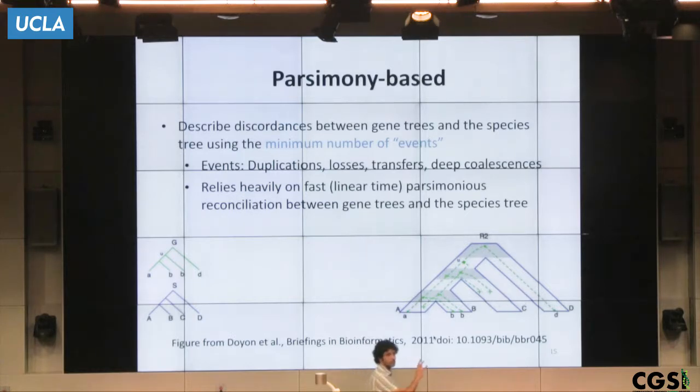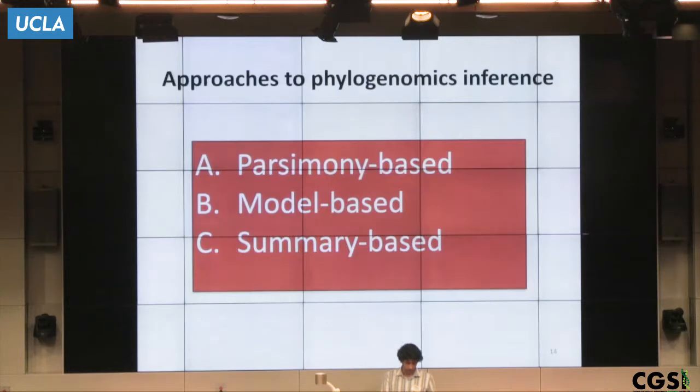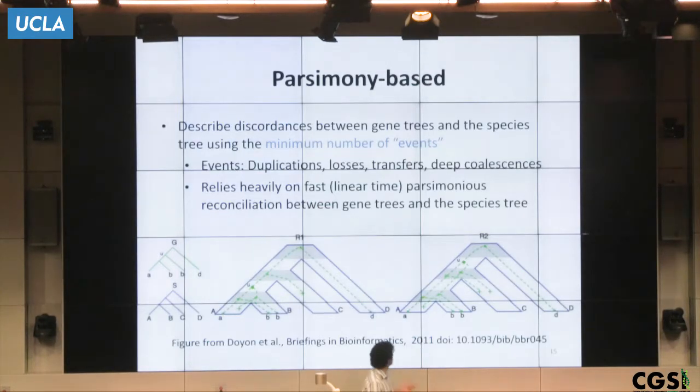So that's one reconciliation of your gene tree with the species tree that requires 1, 2, 3, 4 events. Is this the most parsimonious way of mapping the gene tree to a species tree? No, there is another one that requires fewer events, right? So this has one duplication and 2 losses, so it's more parsimonious.